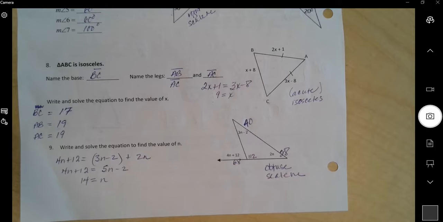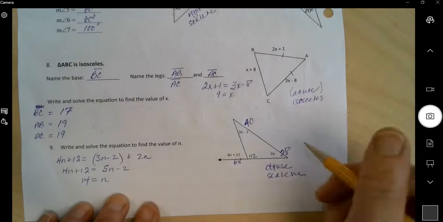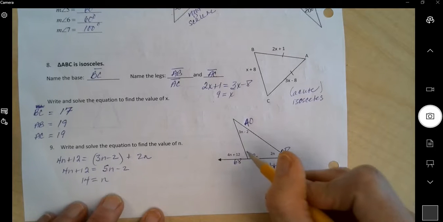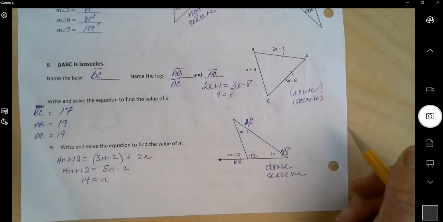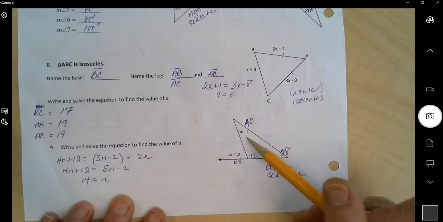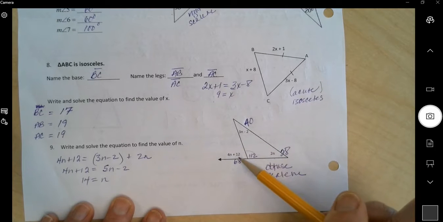What else you got? Go, James. I did number 9 a different way. What you probably did was you said that this angle can be supplementary, but you can't get these two without getting this one.